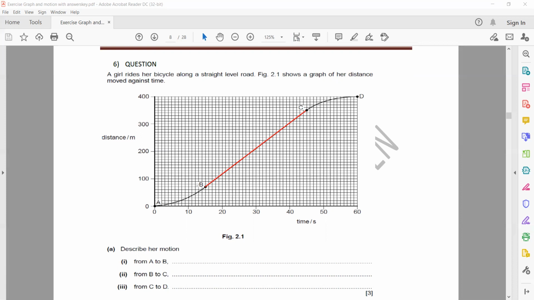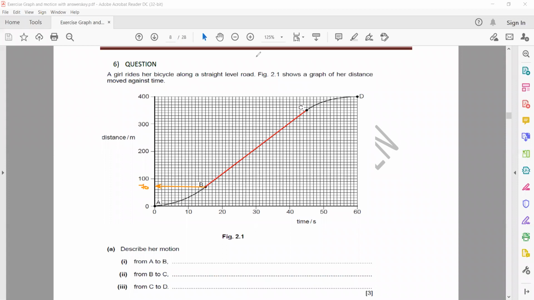So when we find the distance at B, each box represents 10. So this will be 10, 20, 30, and this will be 70.